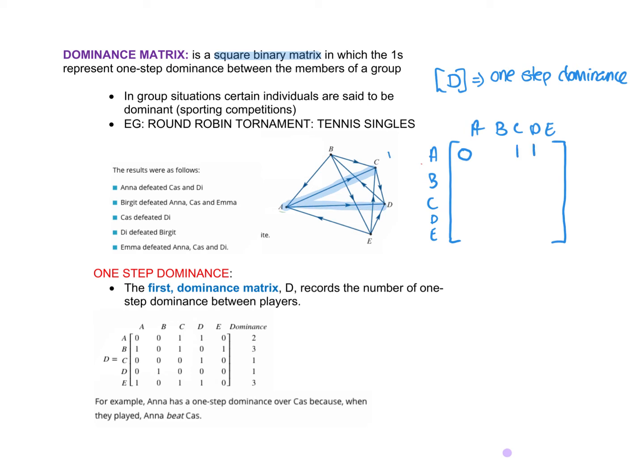So over here you have the winner, and over that way is the loser. Then we put a 0 on the other ones because A lost against them.